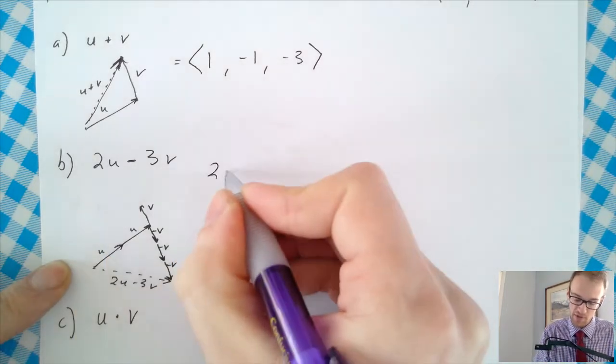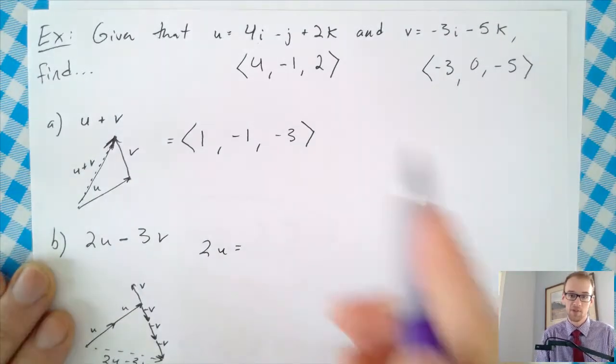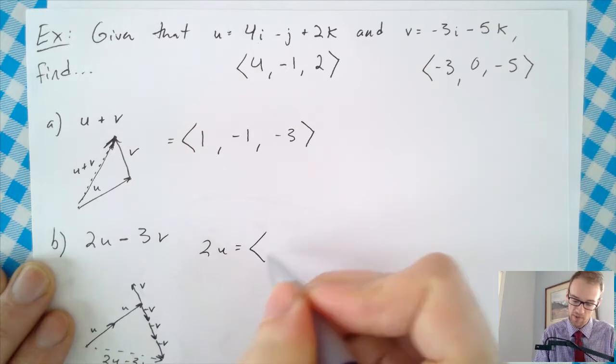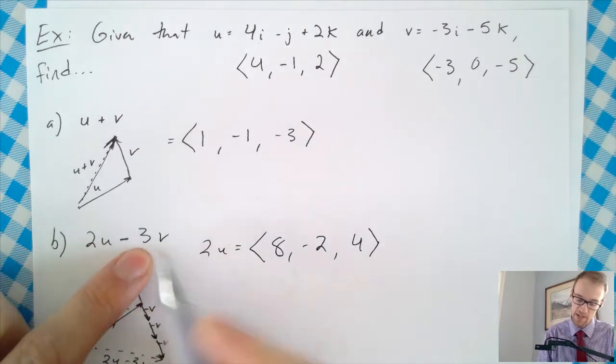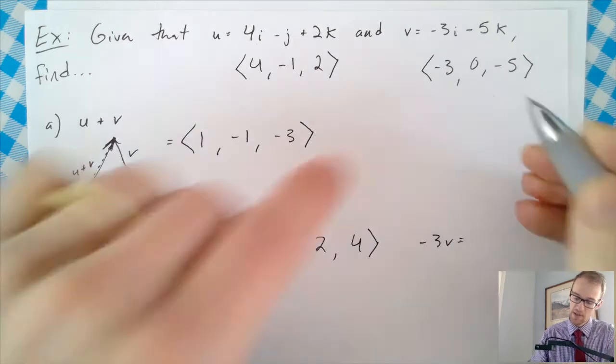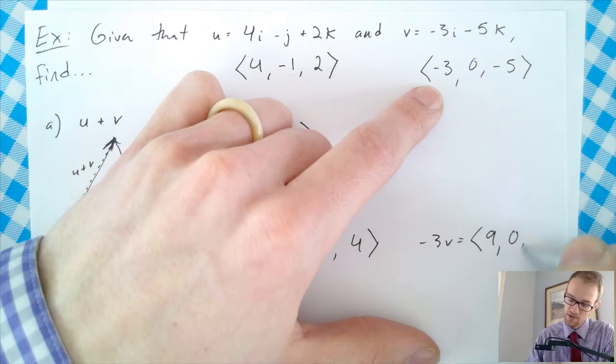First, let's find 2u. 2u would be double of the u vector. Okay, there's u. We just double that. So that's going to be 8, -2, 4. And let's find -3v. -3 times the v vector. So that would be 9, 0, +15. Right?